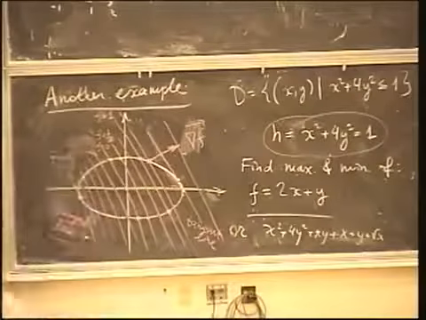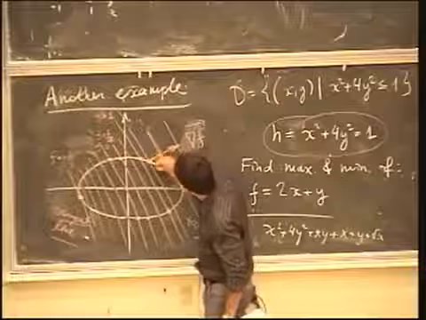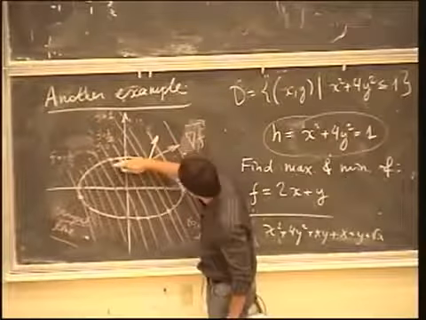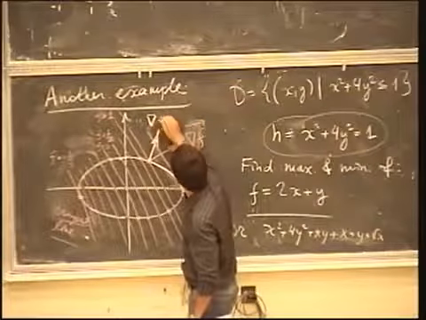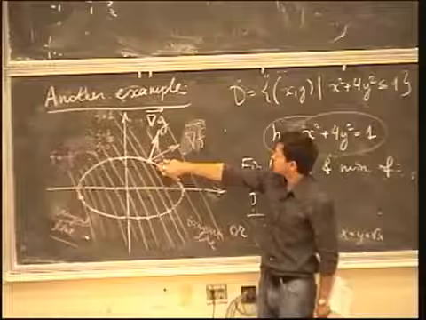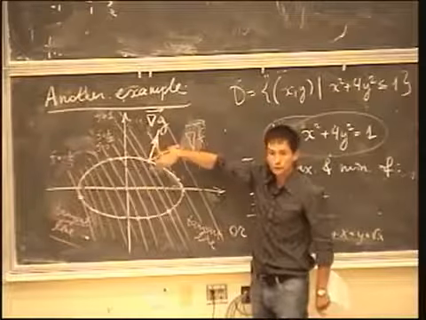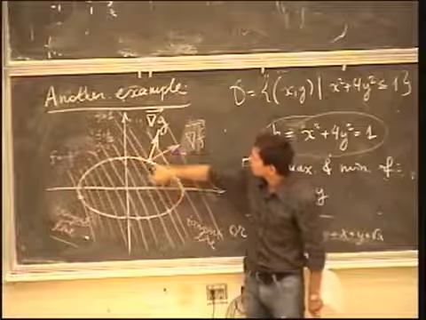And nabla h is the vector which is normal to the curve. So in this case, the curve goes like this, so the normal vector will go like this, right? So that's nabla h. Clearly, at this point, they are not proportional to each other. And they shouldn't be, because these are not the points where the two level curves are tangent to each other.